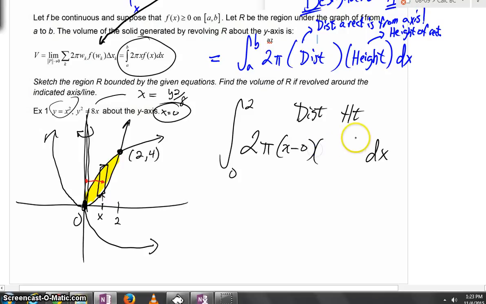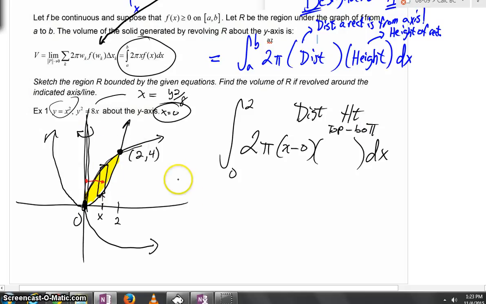Now, the height, please be careful. We need to have everything in terms of x. Everything has to be in terms of x. So for the height of this rectangle, we're going to do top minus bottom. Most kids would look at that and say the top is this sideways parabola.